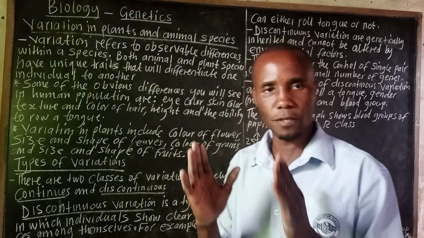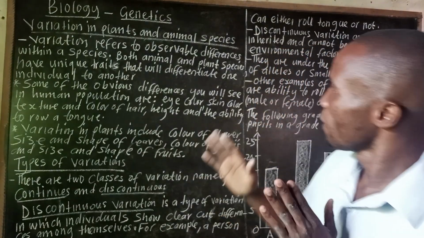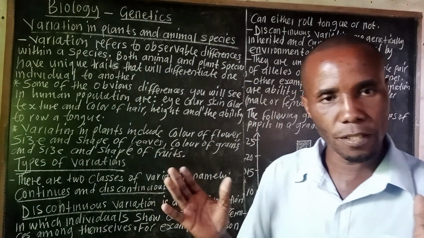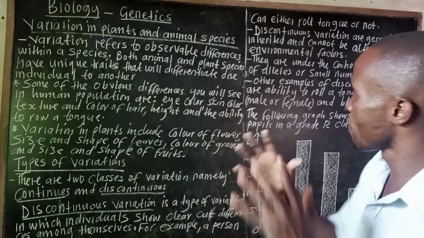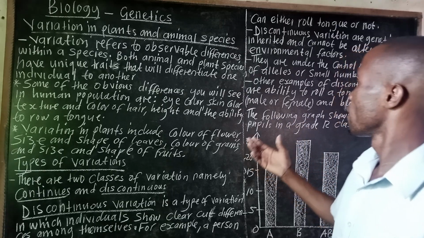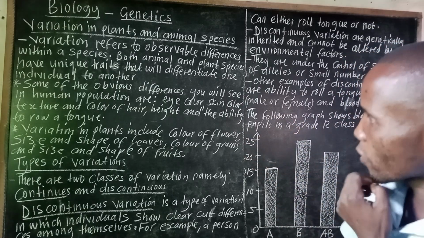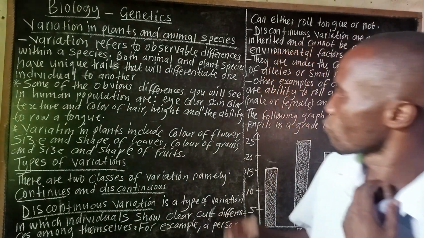The other thing that I want you to know is the word species. What does that mean? Species simply means family, one family, one group. So we have eye color, then skin color, also texture and color of hair, height, and the ability to roll a tongue.